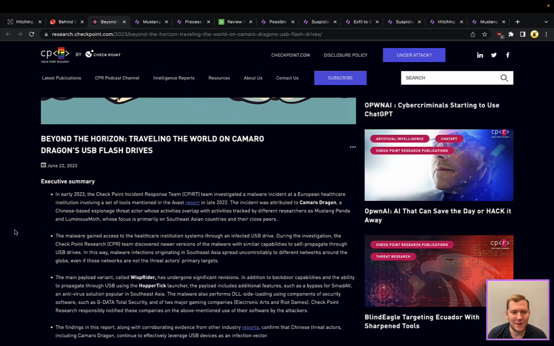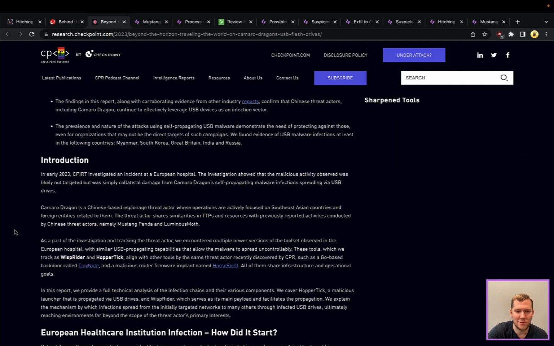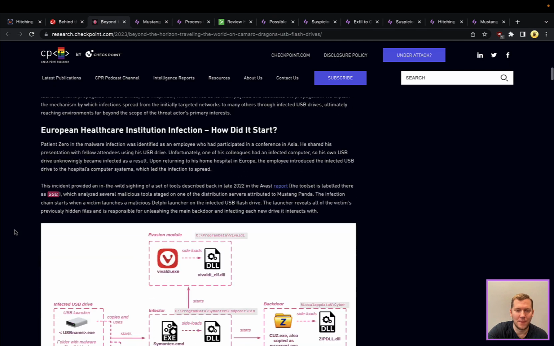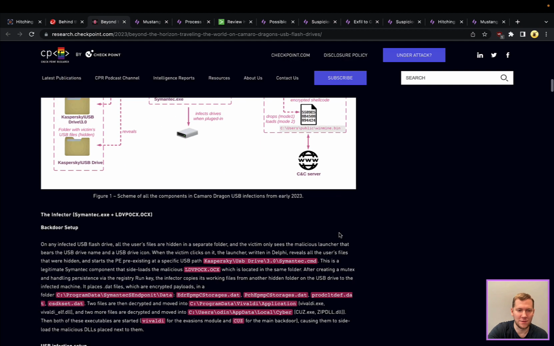They're tracking this as Camaro Dragon, but the interesting piece is again using those flash drives, and also a very similar exploit path and technique, where they're masquerading as a legitimate tool. This is Kaspersky. You have that Symantec, and they're loading a file, staging that data to a command and control server.